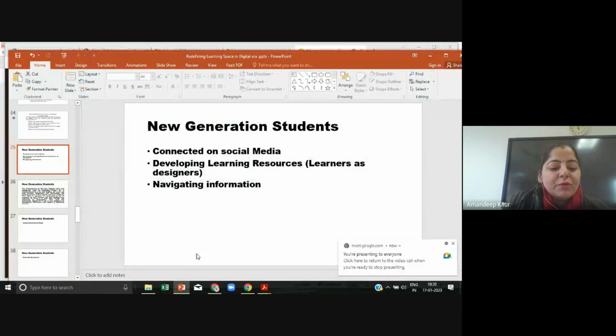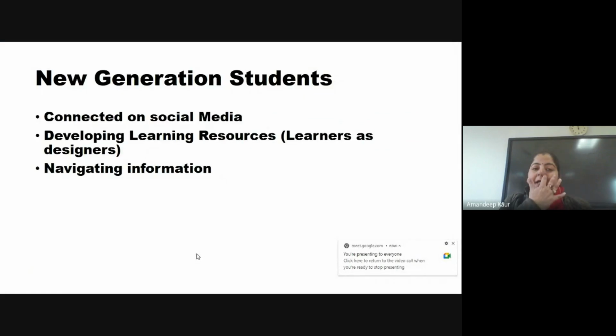So when it comes to the student population in our technical education system, there is diversity of students available, and there is diversity of institutions available also. There may be some institutions where faculty members are available but technological resources are not available.